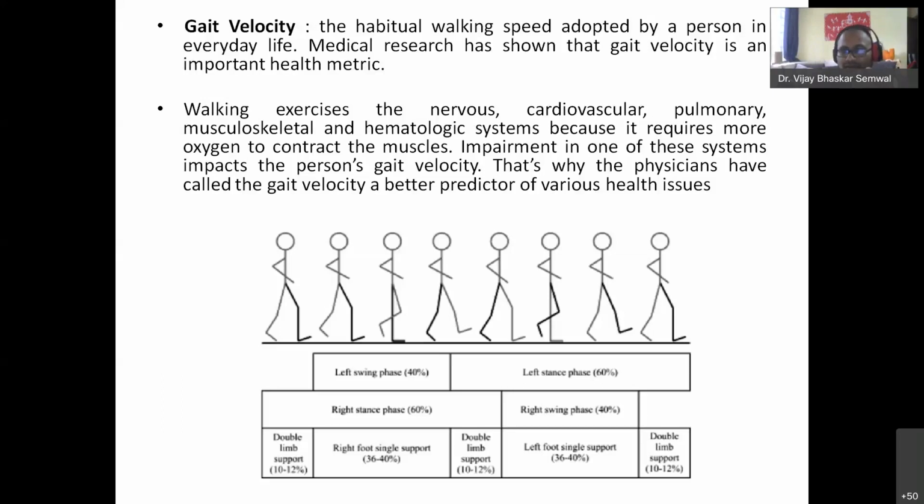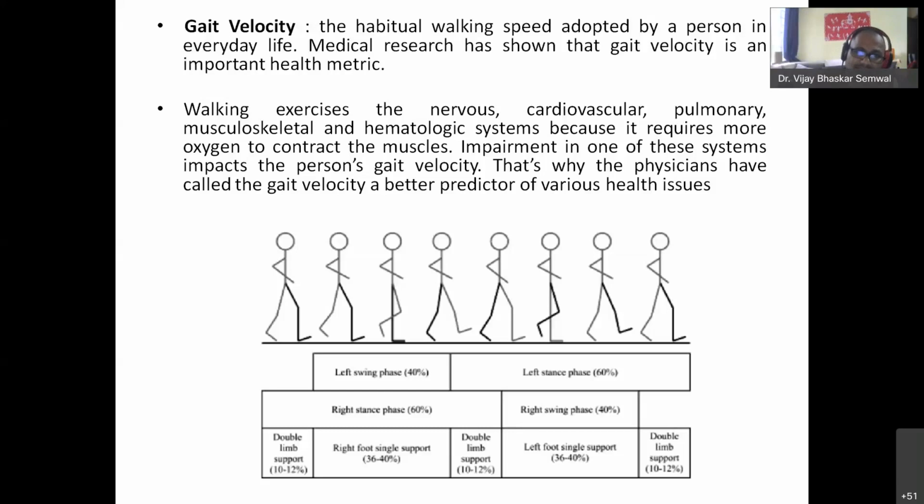Now, when we are talking about walking, it helps us understand health, which is very important. What things it affects and what we can measure regarding health issues through gait velocity, I need to make clear.